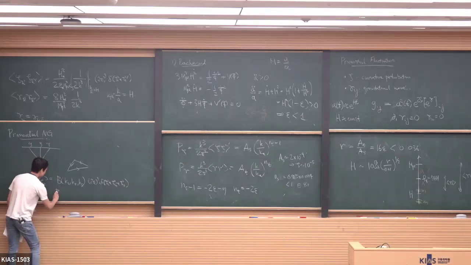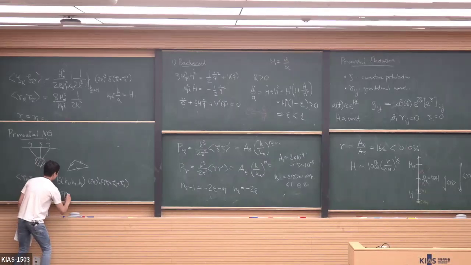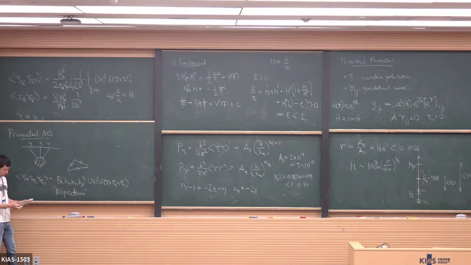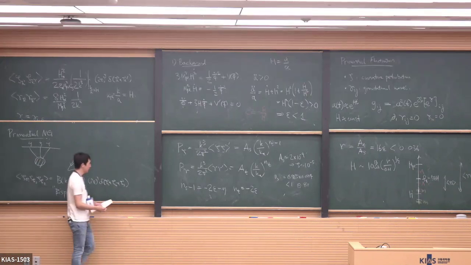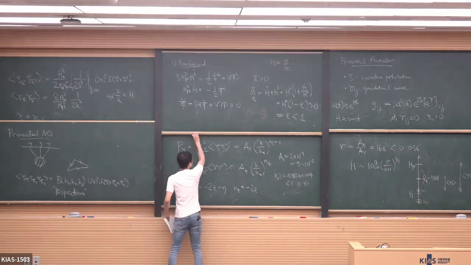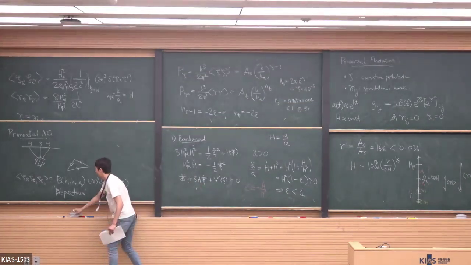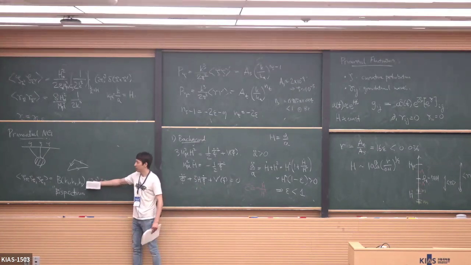And this quantity is the bispectrum. Now, this non-Gaussianity is about constraining the function, the bispectrum.